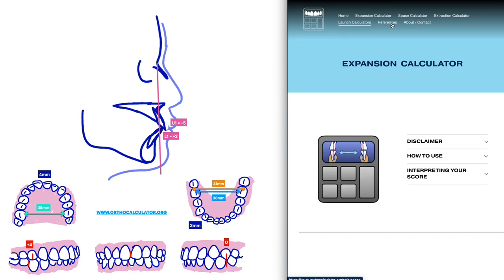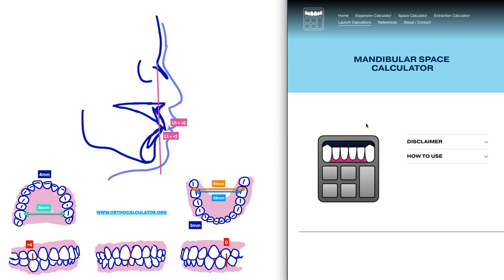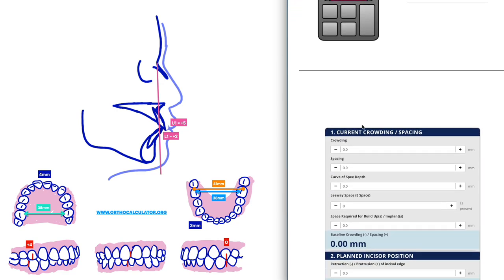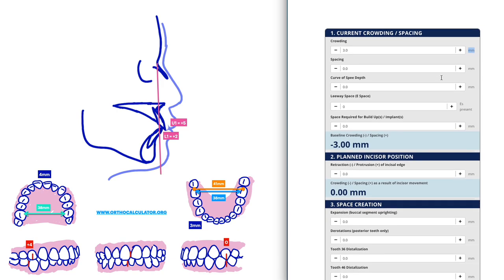Next thing we want to do is open up the mandibular space calculator, since the mandible is the diagnostic arch. So crowding, these are just estimates for the purpose of this example, but I'm going to say 3 millimeters here. So punch in 3 millimeters of crowding.